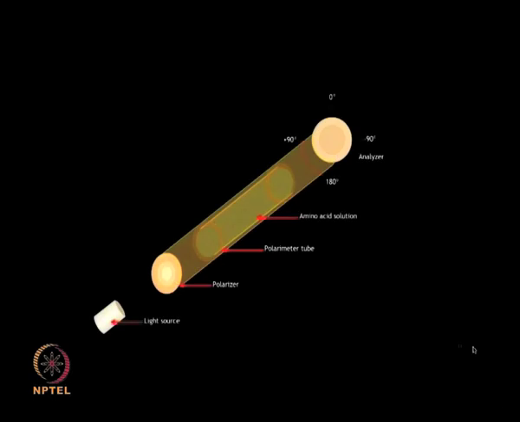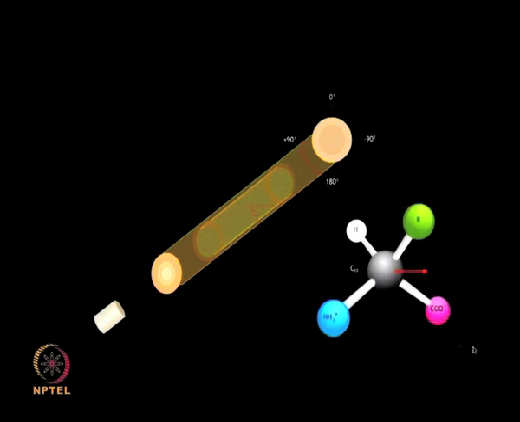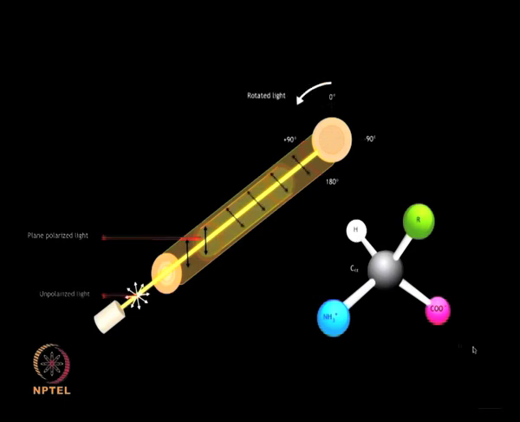All amino acids except glycine contain an asymmetric center that makes them chiral in nature, due to which they can rotate the plane of polarized light.